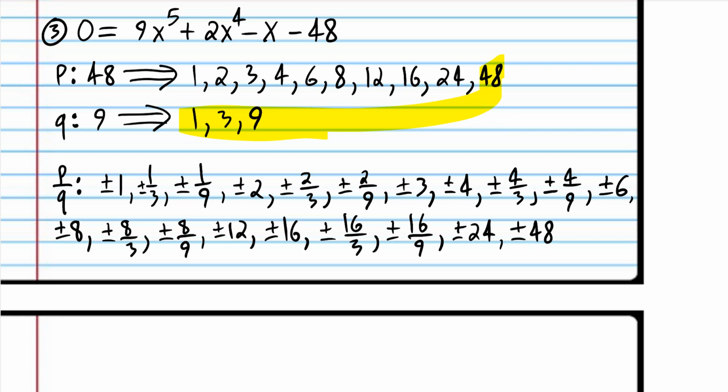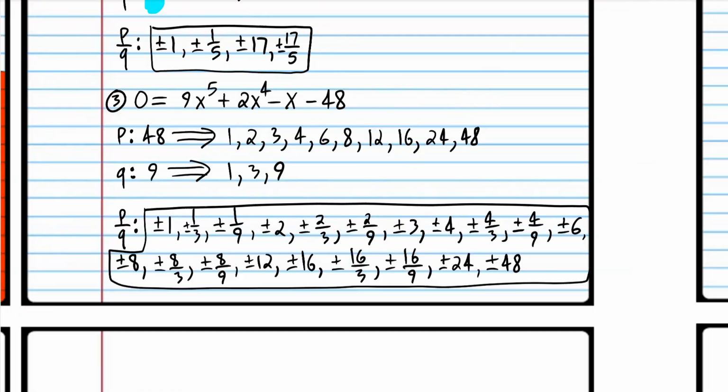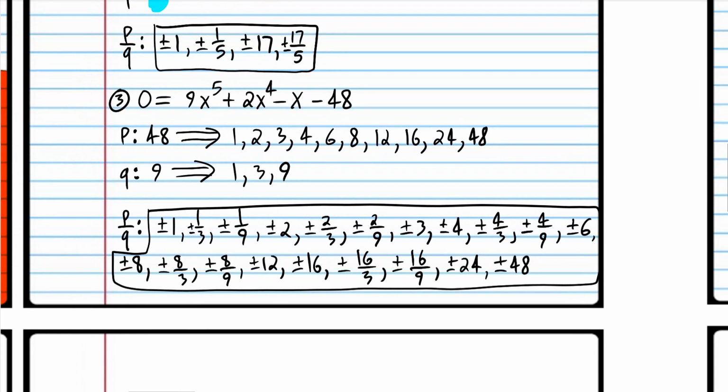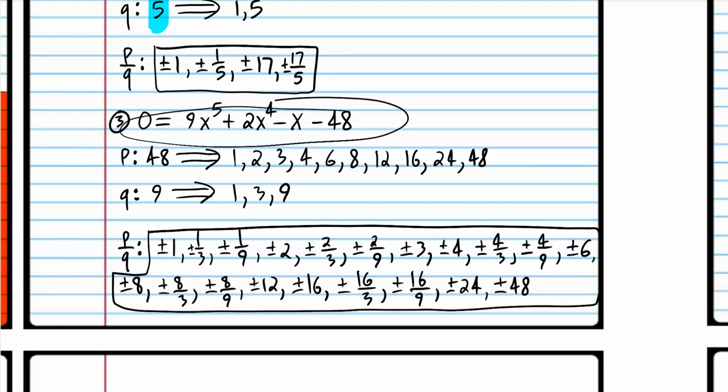And 48 divided by 3 is 16, but we already have 16 on the list, so we don't have to write that. And 48 divided by 9 is 16 over 3, but we have that on the list, so we don't have to rewrite that. So these represent all of the potential rational solutions to this equation up here.